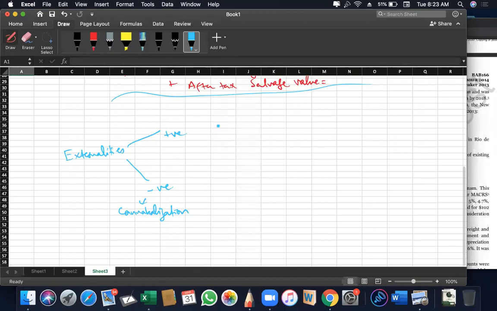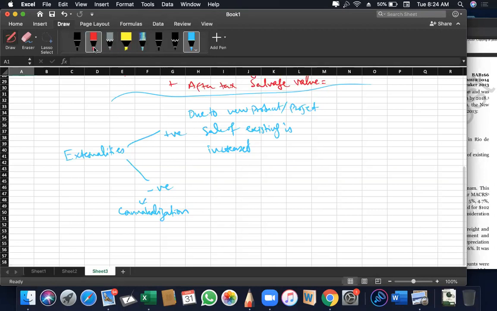Now positive externality means due to a new product or project, the sale of existing product is increased.